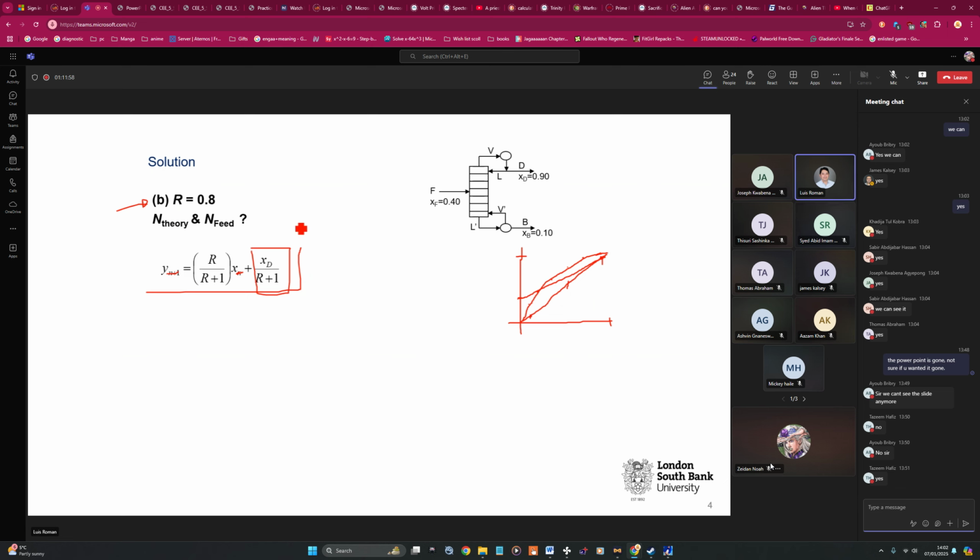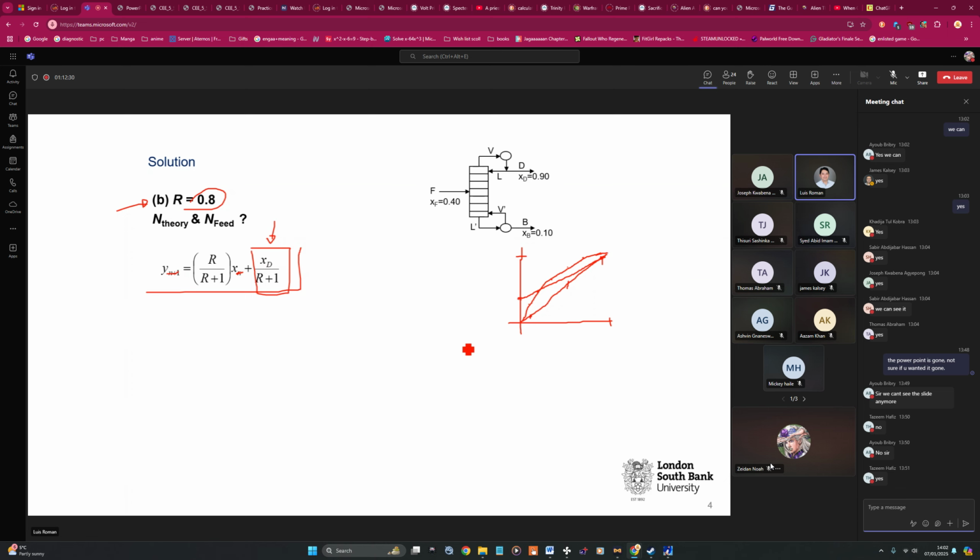Sorry, the intercept is given by this equation, this term in the rectifying operating line equation. So this point here is given by xd divided by R plus 1, because you know the value of the distillate composition and you know the value of the reflux, 0.8, then you can calculate the value of the intercept, and you draw your operating line.